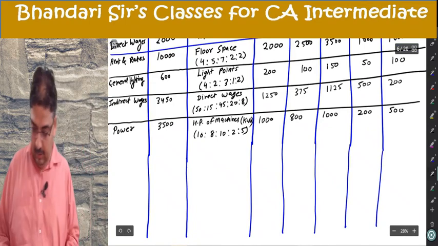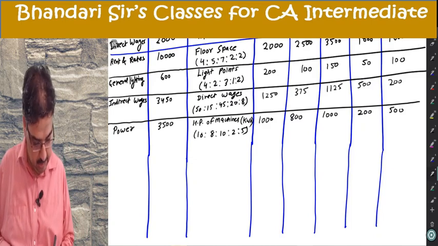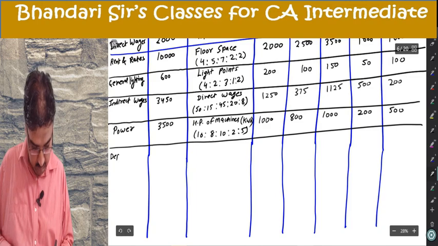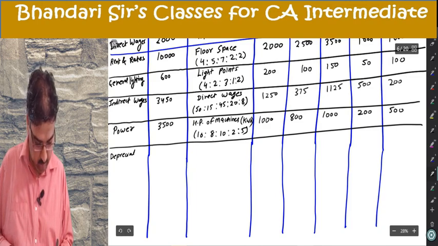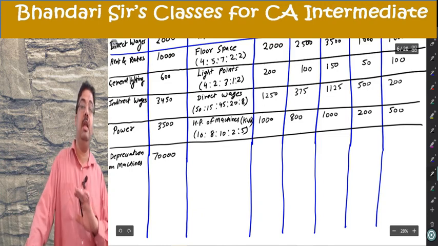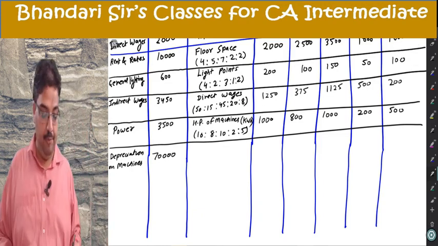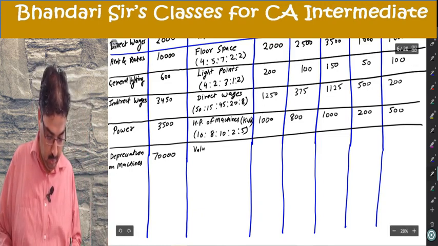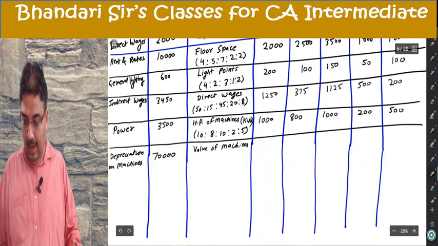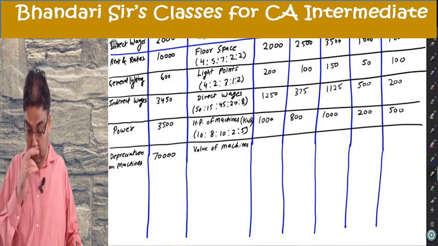So now I am having depreciation on machines, $70,000. Depreciation is never on horsepower. It is always on value. Value of machines: 1,80,000, 1,20,000, 50,000.